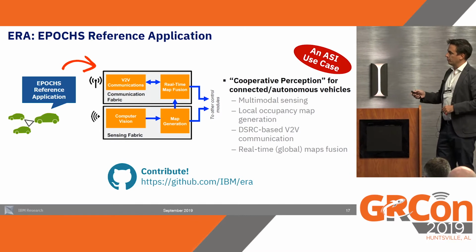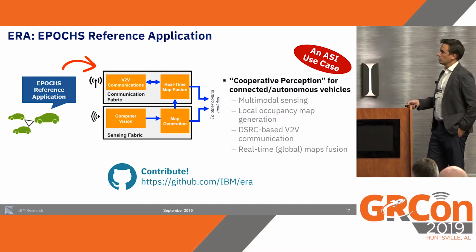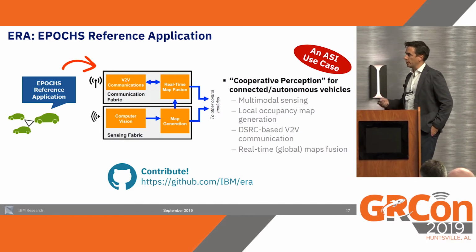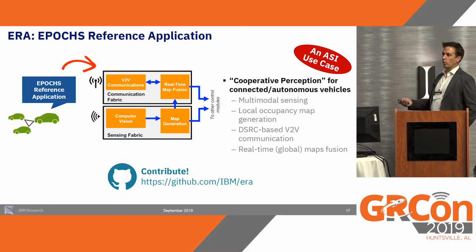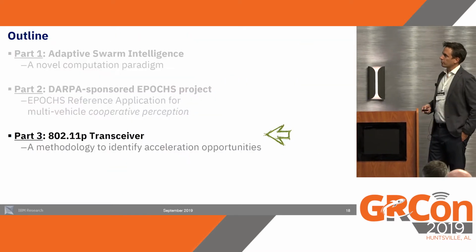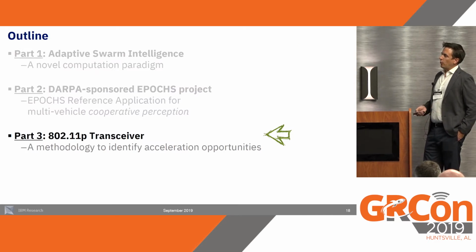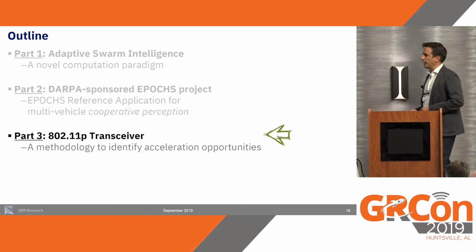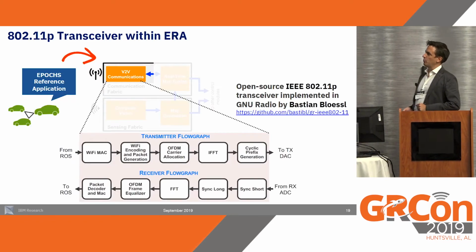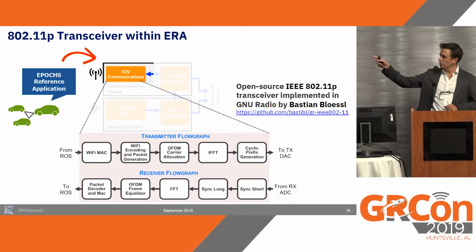You are invited to check out the code. It's open source, and eventually reach out to us if you find any interest or any way to contribute to it. Now I will focus on one specific element within the ERA application, which is this vehicle-to-vehicle communication box.